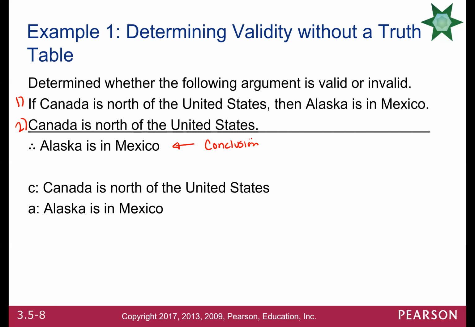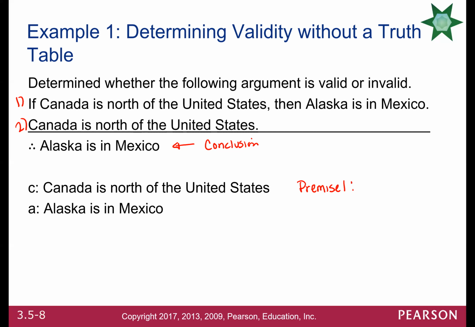I'm going to let my two statements be: the first, Canada is north of the United States, and the second, Alaska is in Mexico. My first premise in symbolic form would be if Canada is north of the United States, then Alaska is in Mexico.